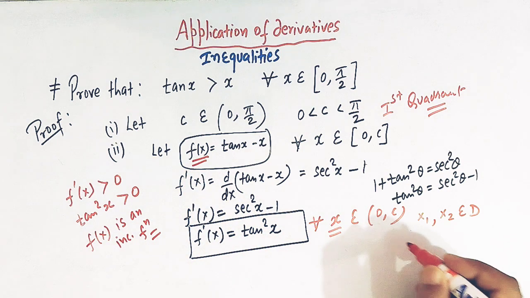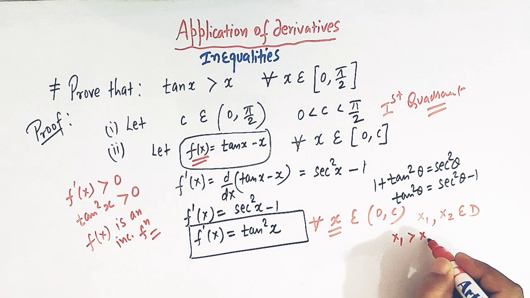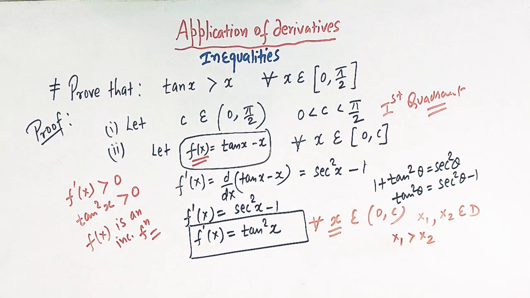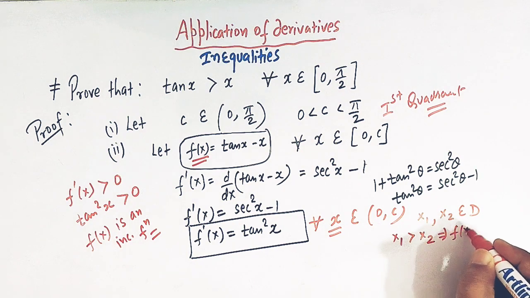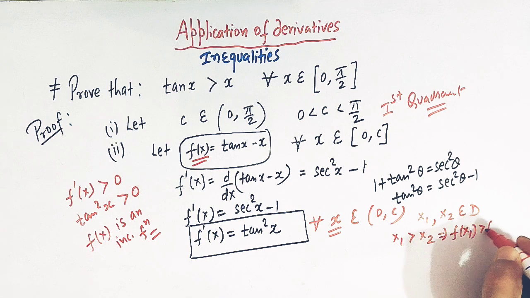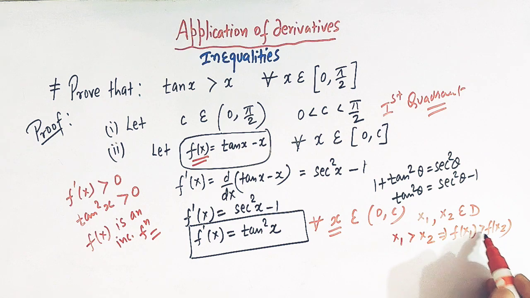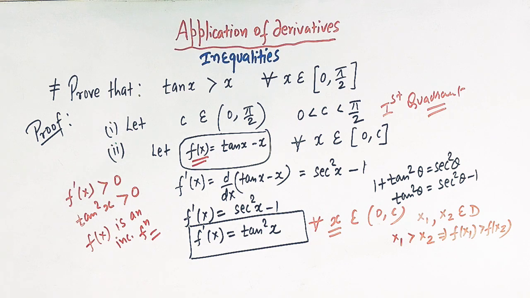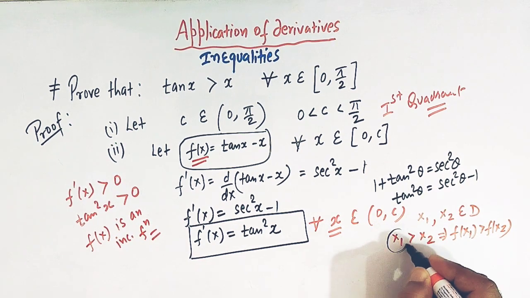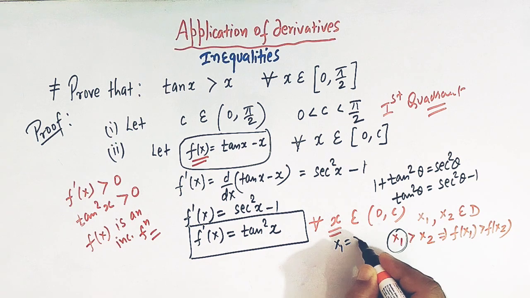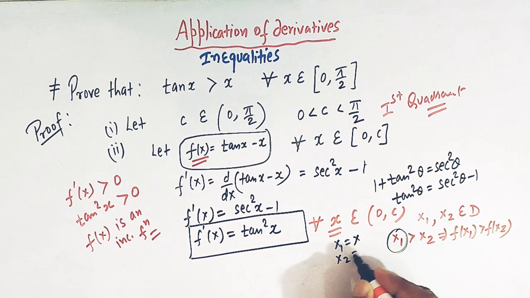See, if we have 2 points x1 and x2 belonging to the domain of the function f of x, and if x1 is greater than x2, then the definition of increasing functions says that f of x1 should also be greater than f of x2. So now let us take x1 as x and x2 as 0.